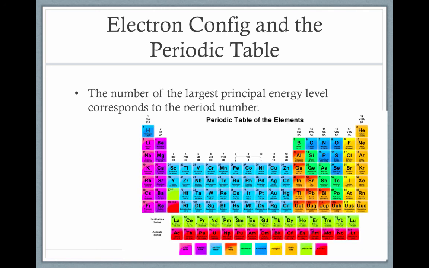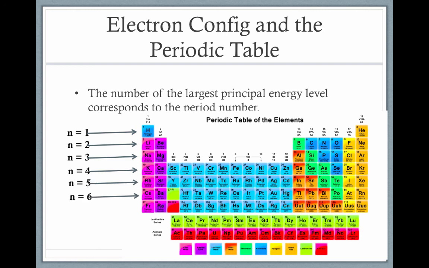So in other words, elements in the first period will have electrons in the n equals 1 principal energy level. Elements in the second period will have electrons in the first and second principal energy levels. Elements in the third period will have electrons in the first, second, and third principal energy levels, and so on and so forth.